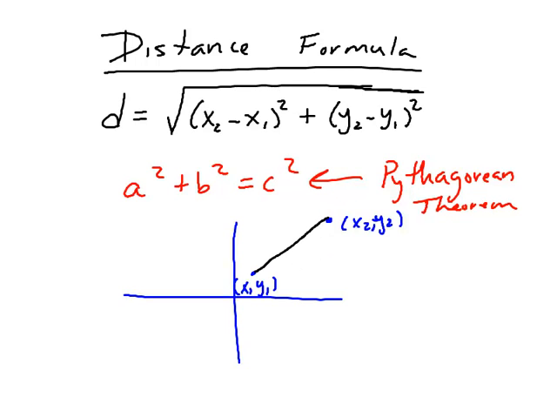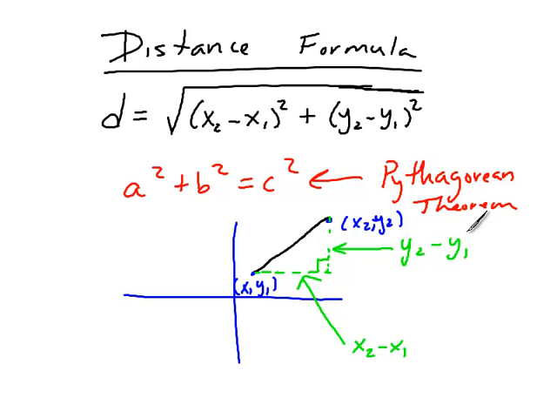And what we can do is make a right triangle out of it. Okay, so that's a right triangle. And this distance here is the distance between the x values, which is x2 minus x1. And this distance here is the distance between the y values, or y2 minus y1.